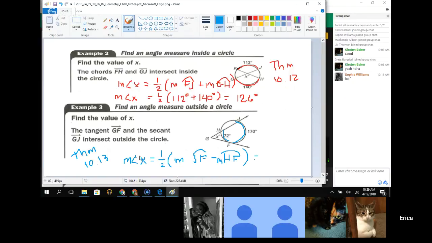So we're going to have 1/2 times 170 minus 72, which is 1/2 of 98, which is equal to 49 degrees. So X should be 49 degrees.